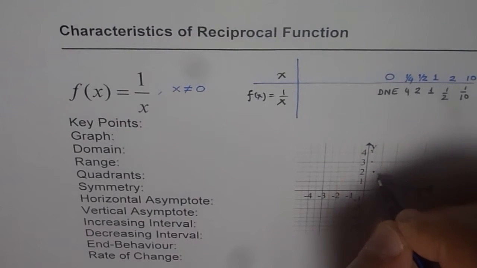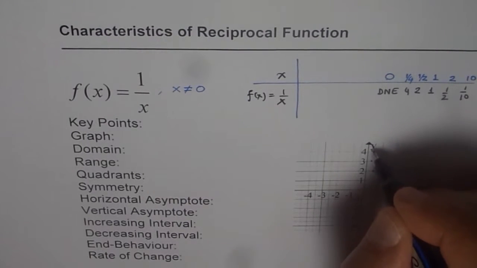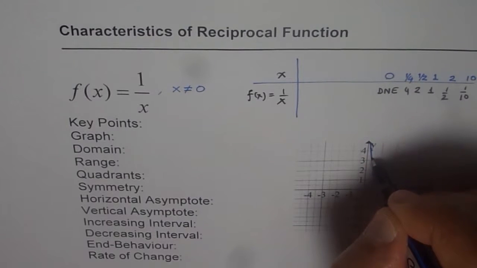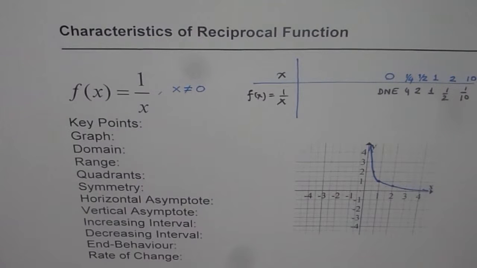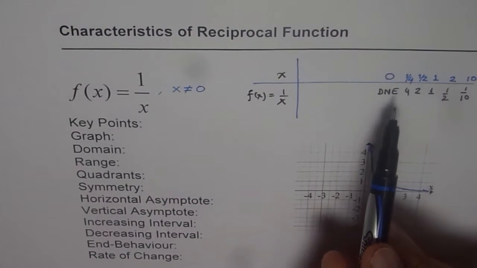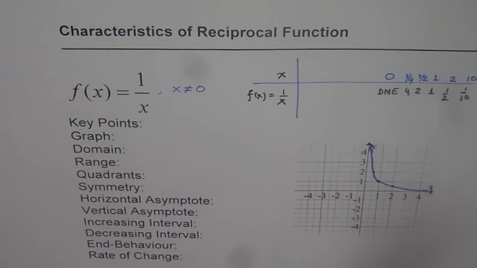So the graph actually approaches an infinitely large value as you approach 0, right? So we get this part of the graph which I can draw kind of like this, joining the two. So that is the positive half of the curve when we consider the values of x from 0 towards positive infinity.